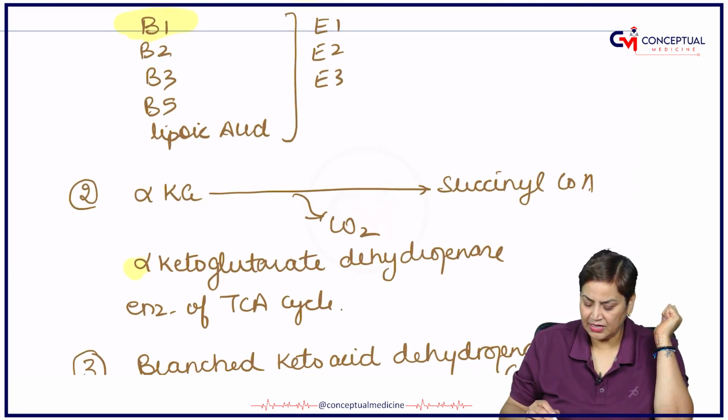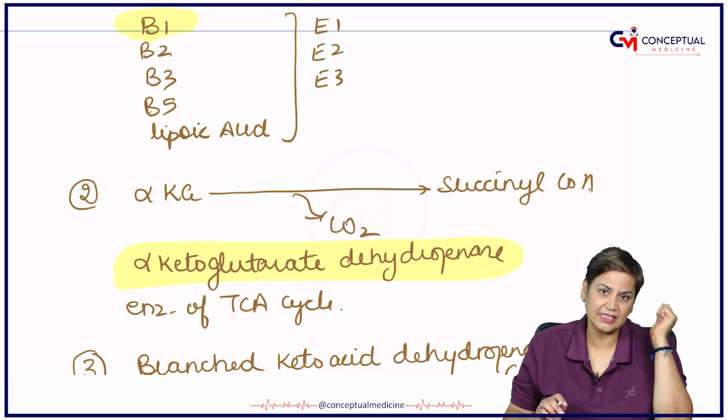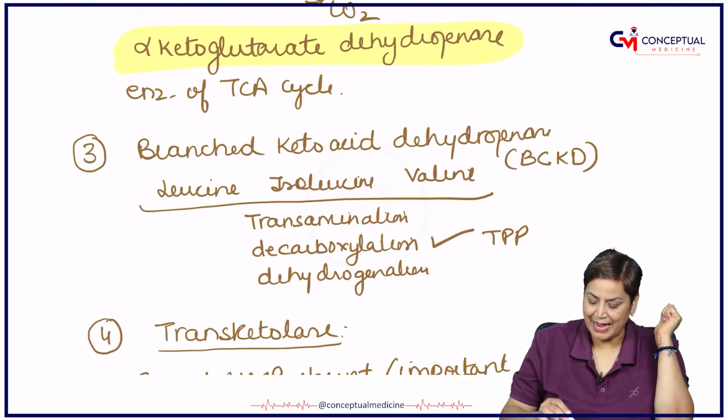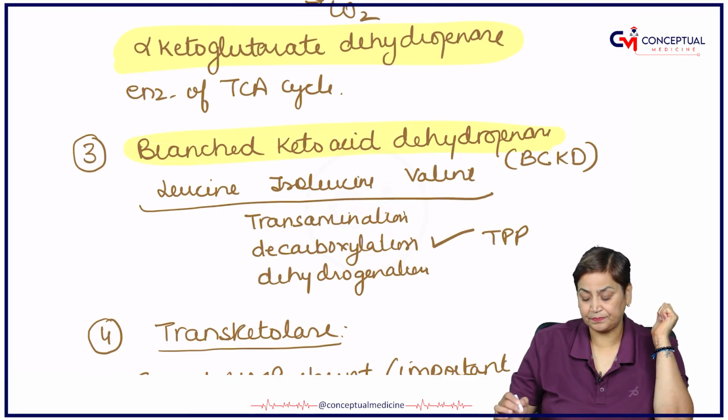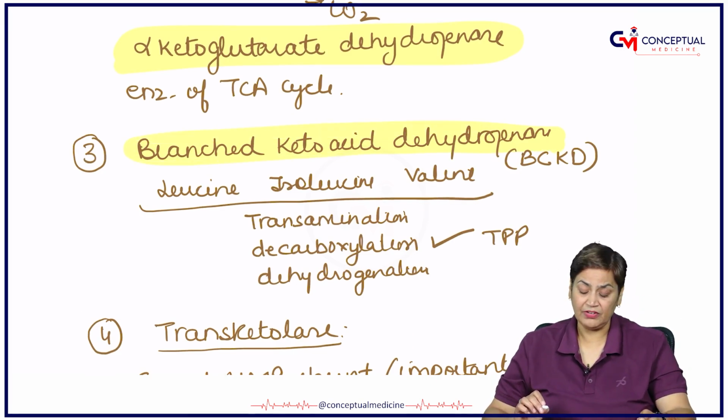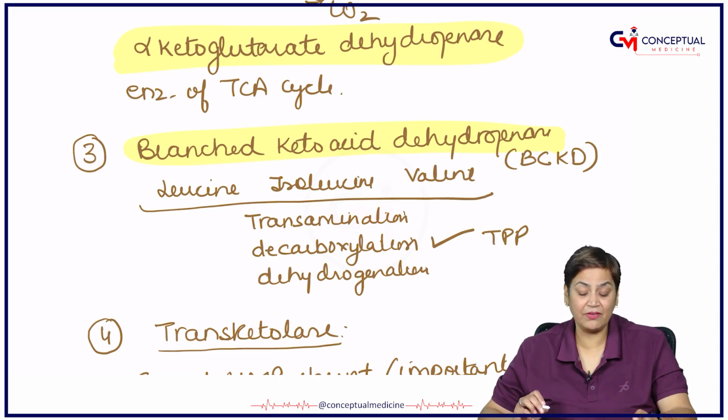Second is alpha-ketoglutarate dehydrogenase, which is a very, very important enzyme of TCA cycle. Third is branched ketoacid dehydrogenase, which is catalyzing the degradation of branched chain amino acids, and that is why if a person is suffering from maple syrup urine disease, which is due to the deficiency of this enzyme, thiamine supplementation is required. And thiamine is a very, very important coenzyme for cellular respiration also.